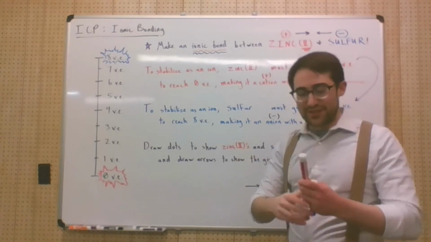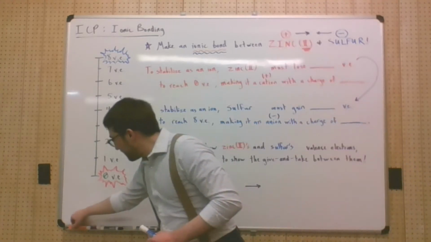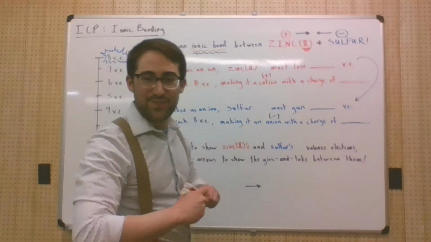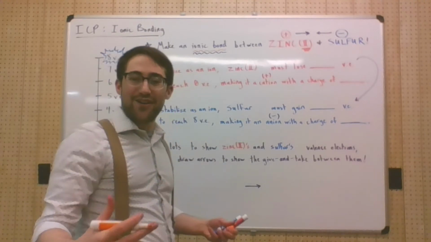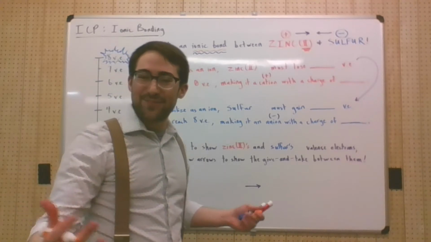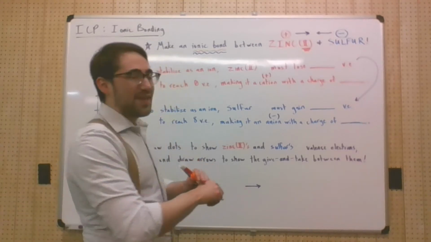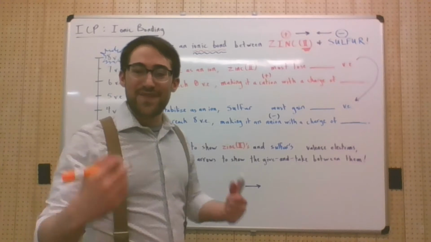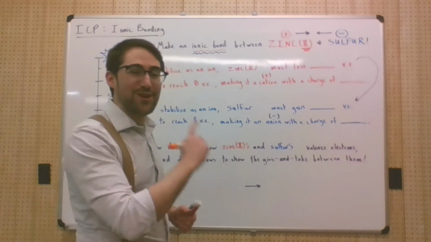Whenever you see a Roman numeral next to an element from the transition metals like zinc or iron or titanium, vanadium, chromium, that's basically telling you how many valence electrons that metal is going to lose.